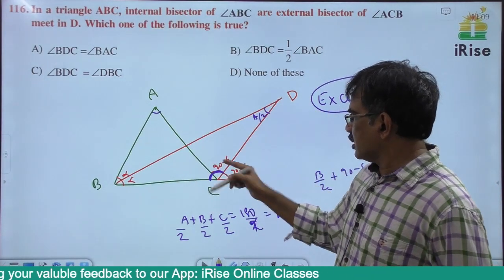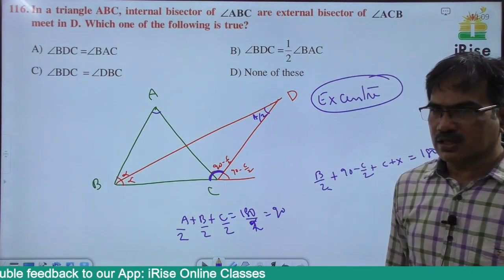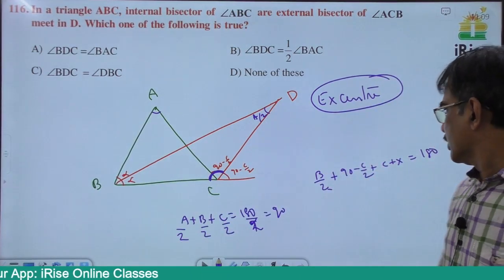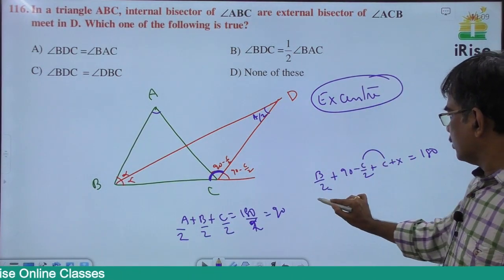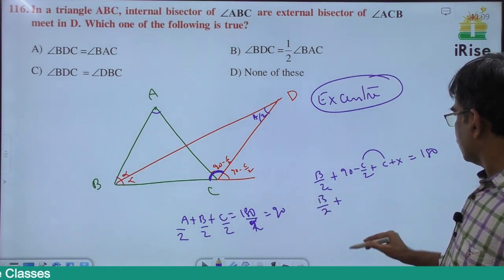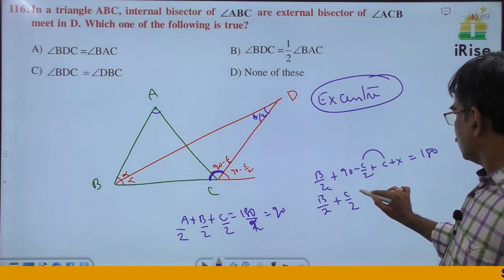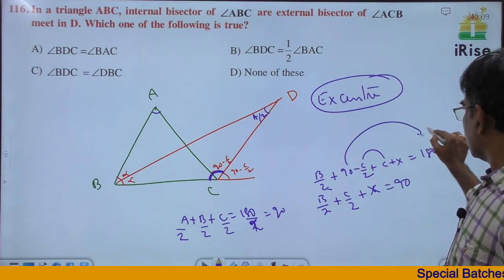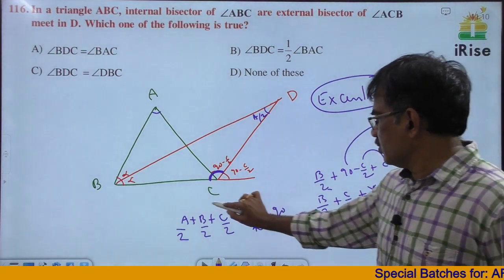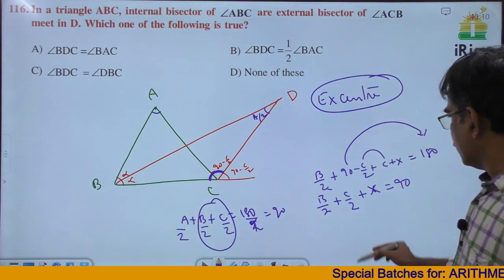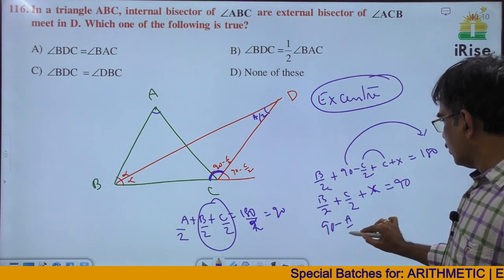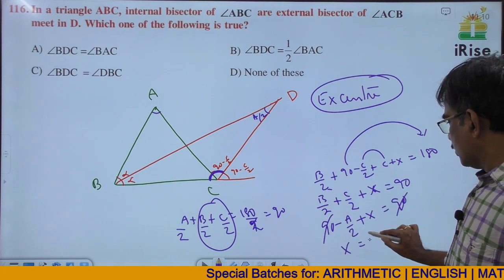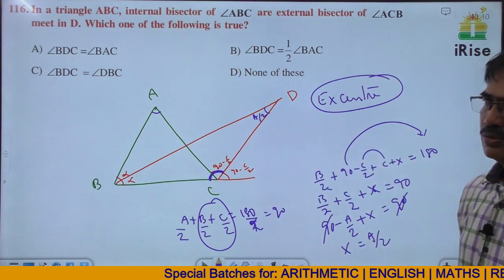The sum of these angles is 180 degrees in the obtuse angle triangle. Here C minus C by 2 is C by 2, so B by 2 plus C by 2 plus X is equal to 90. What is B by 2 plus C by 2? 90 minus A by 2. So 90 minus A by 2 plus X is equal to 90. So X must be equal to A by 2. This is A by 2.